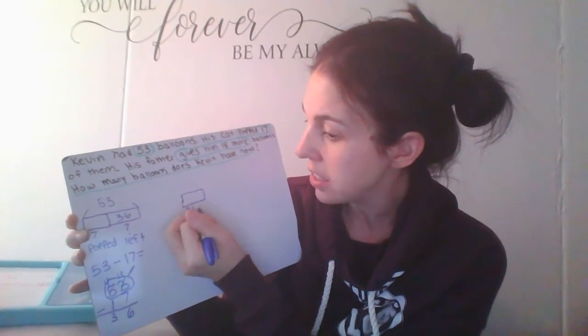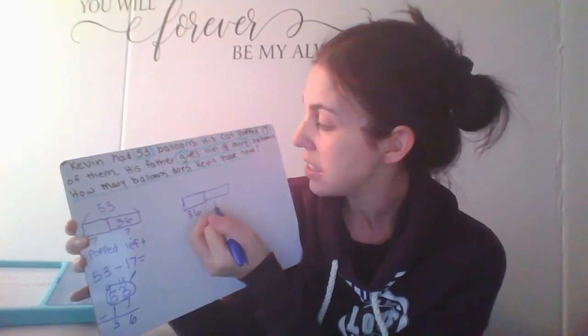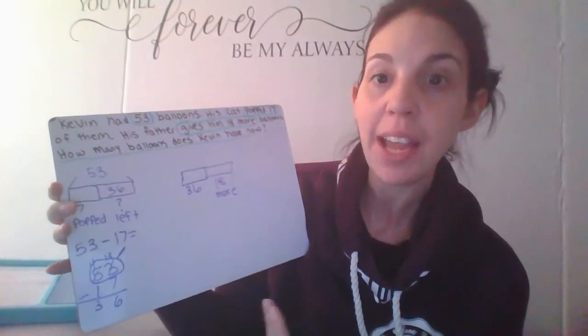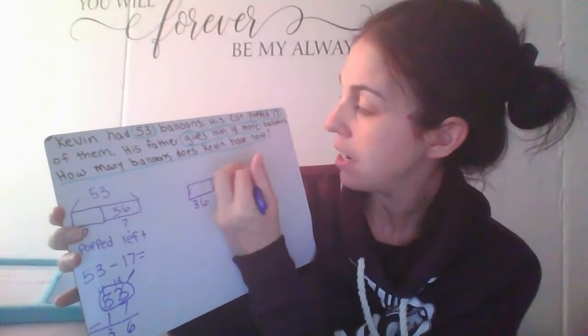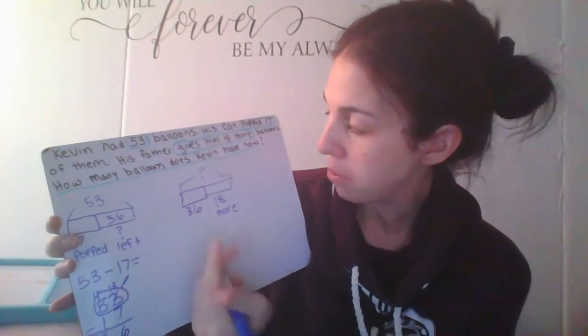He's got 36 balloons, and his dad gave him 18 more. And we want to know, how many does he have now? So 36 plus 18, and we're trying to figure out what is the whole. Okay, what's the whole? When you put those two parts together, what's the whole amount?